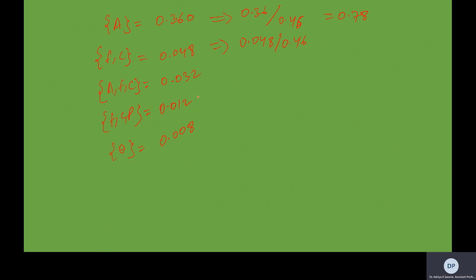Same thing you will do for 0.032 divided by 0.46, and 0.012 divided by 0.46. If we don't get any empty set, then we don't need to divide it. Remember this point.